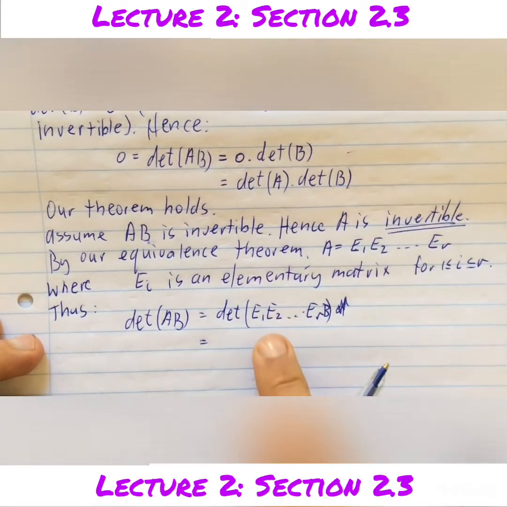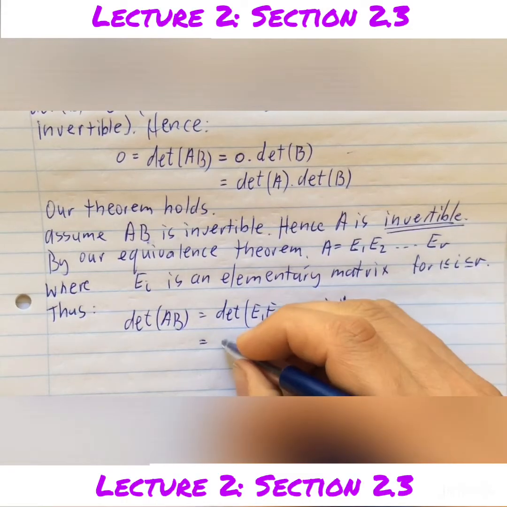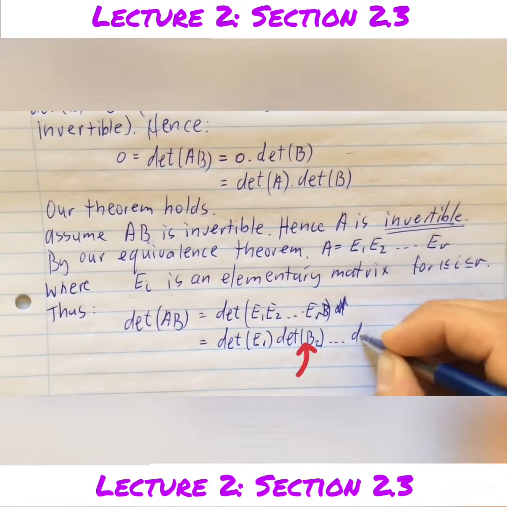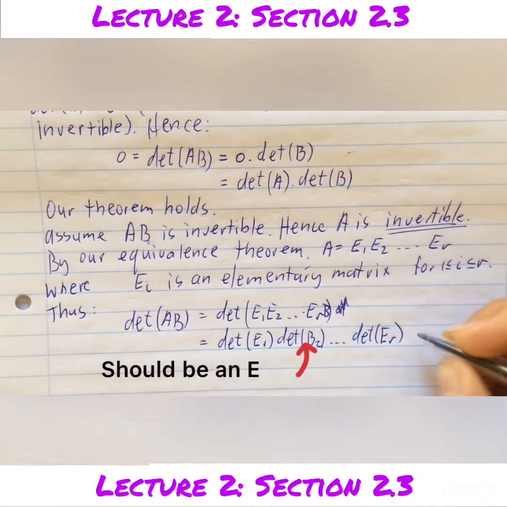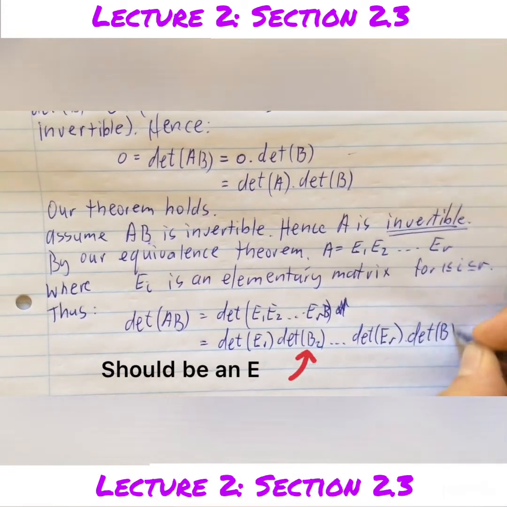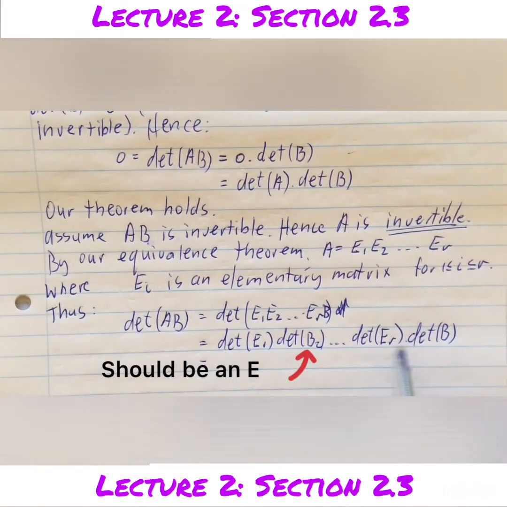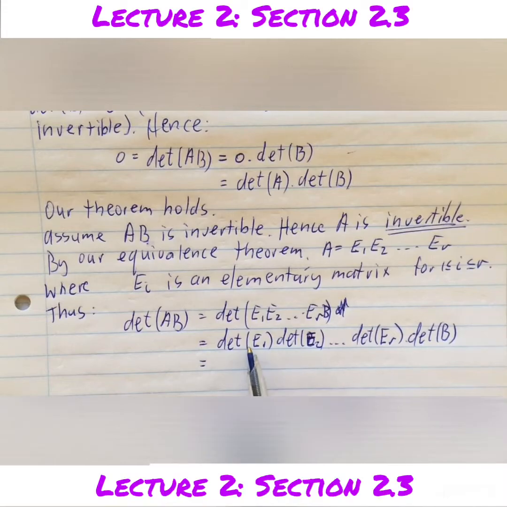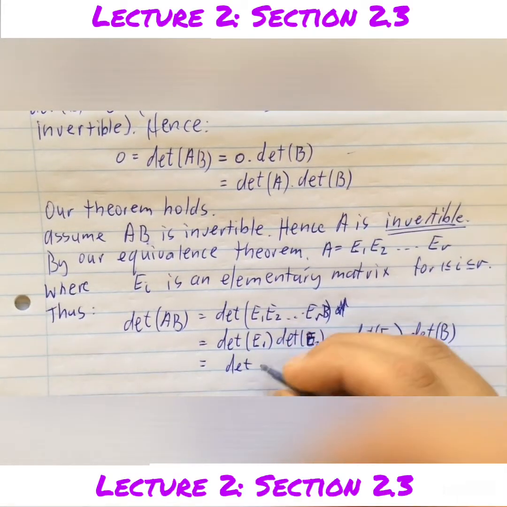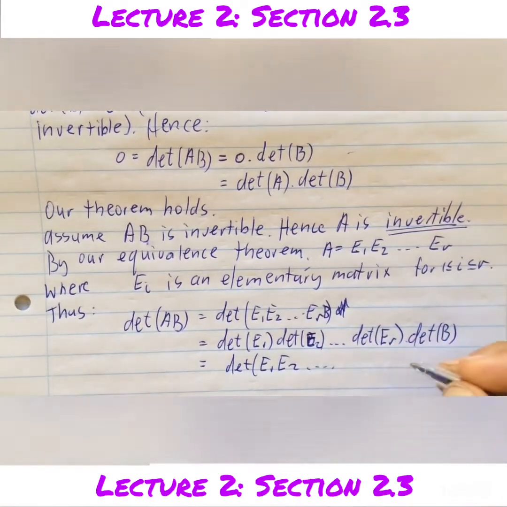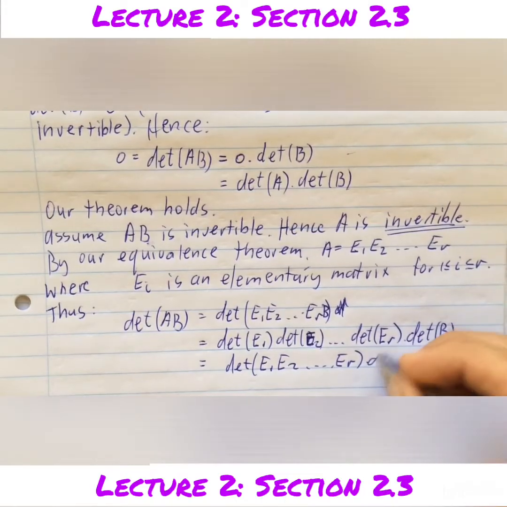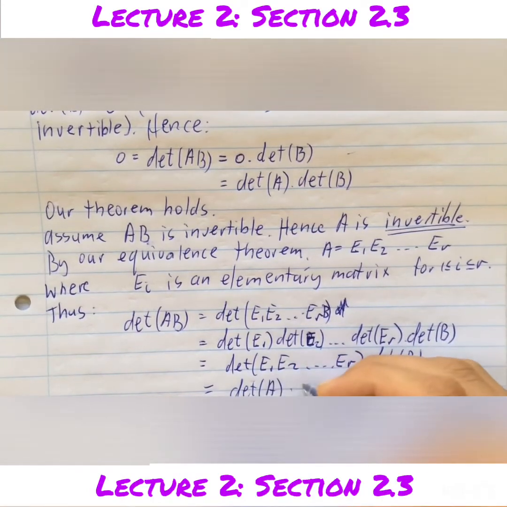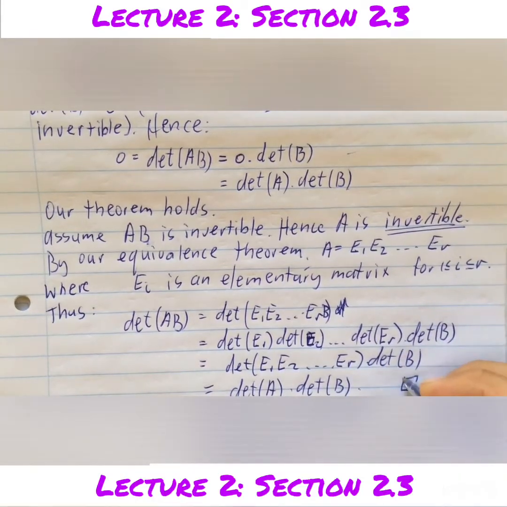Using our previous distribution theorem, that then becomes the determinant of E1 multiplied by the determinant of E2 up until the determinant of Er, multiplied by the determinant of B. Again, using our distribution law over elementary matrices, that is just the determinant of the product of these elementary matrices, and that is the determinant of A multiplied by the determinant of B. So that takes care of our theorem.